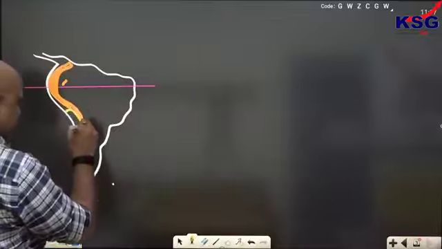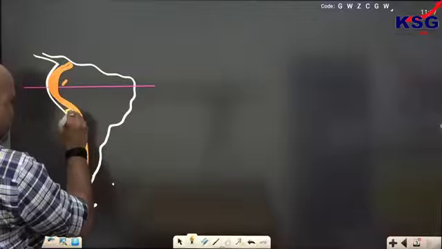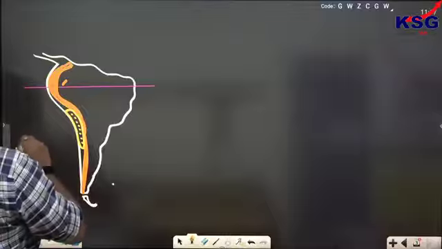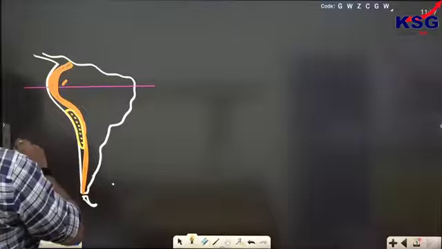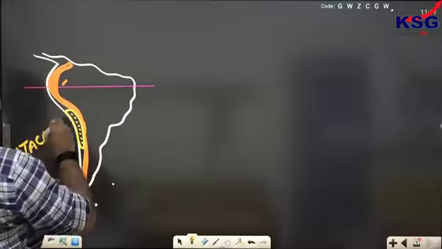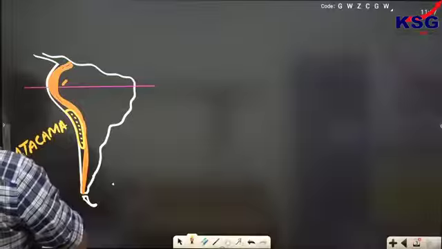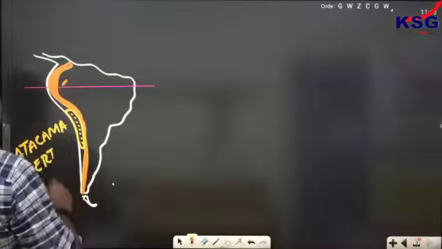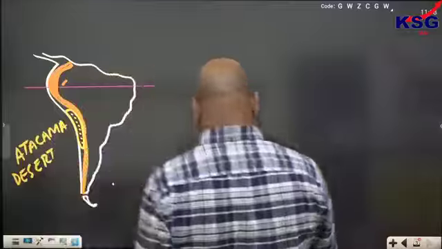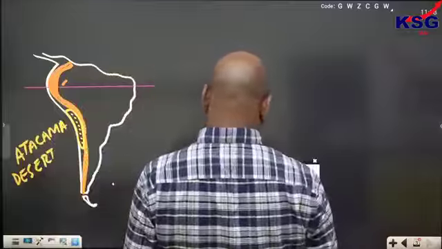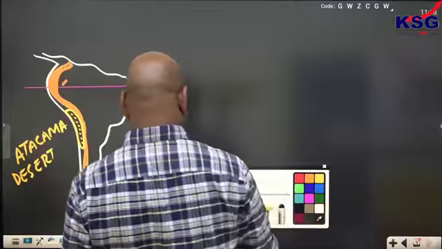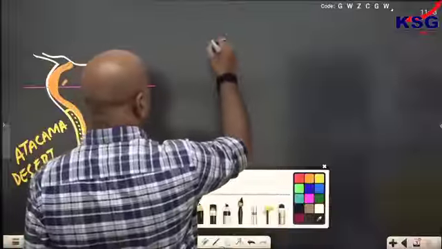This desert is called the Atacama Desert. This is the Atacama Desert here. And on this side here you have, again, the Atacama Desert. Let me now draw Africa.